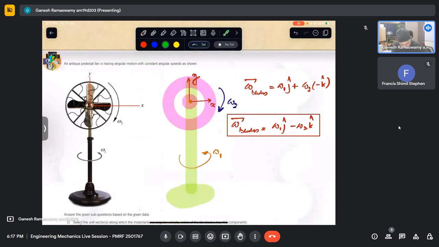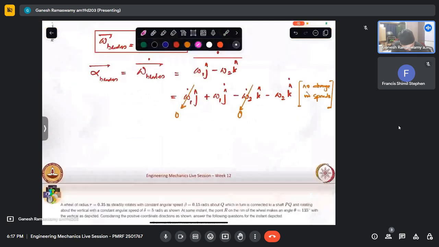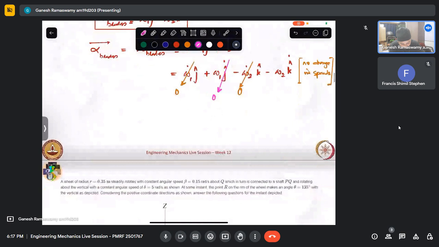As we saw, this k cap is changing its orientation constantly by virtue of this omega 1. Whereas j cap still remains the same, even after some time when the blade is like that with its k pointing there, j still remains the same. So j cap is not having any change with time. That is another insight we need to take from here. So this happens to be the only rotation that is bringing about a change.